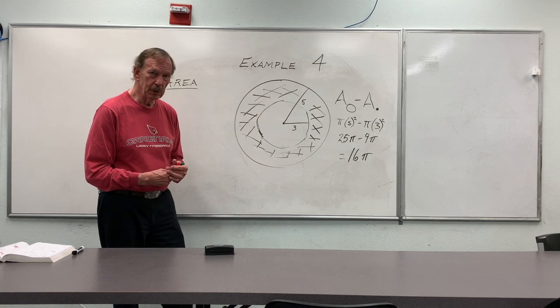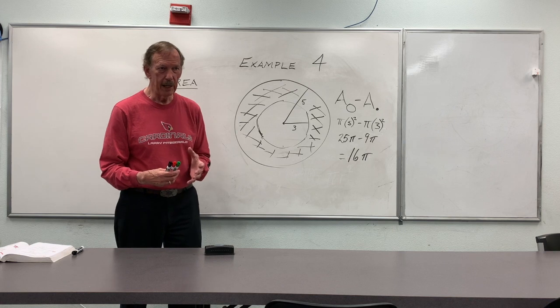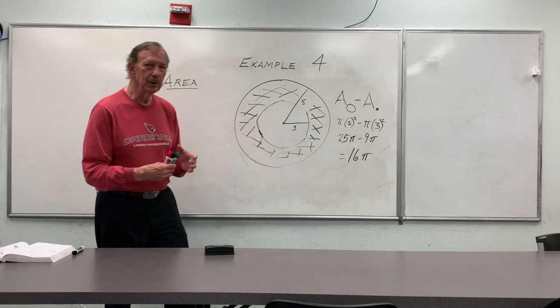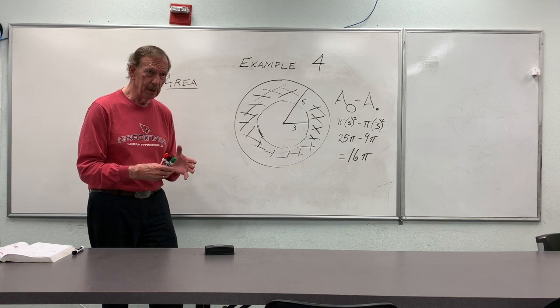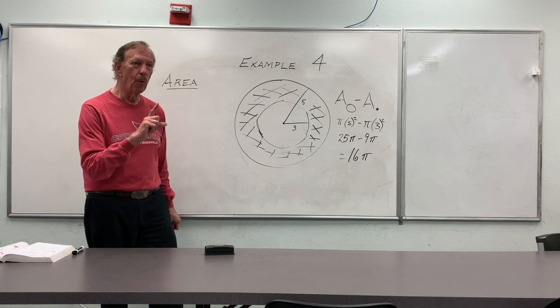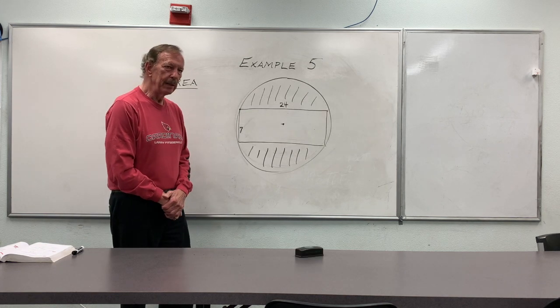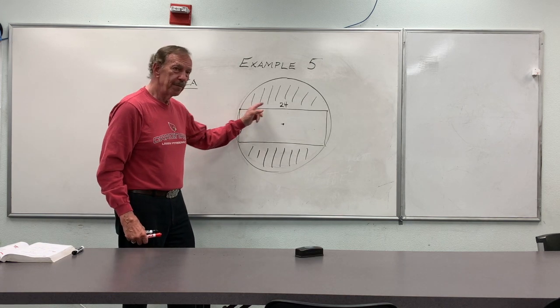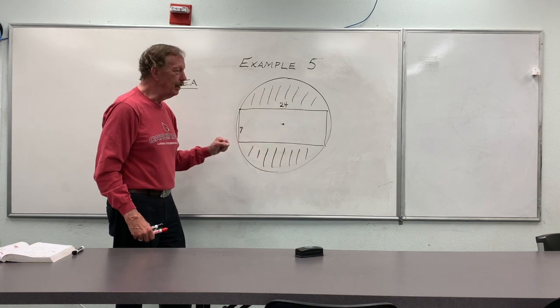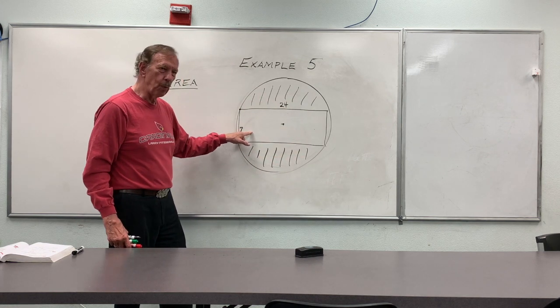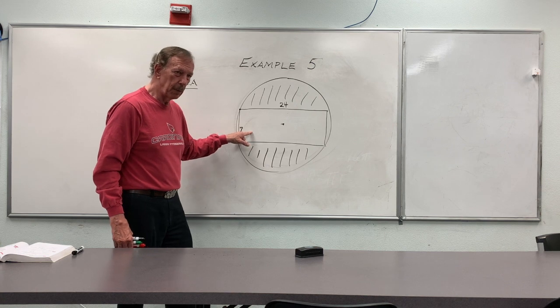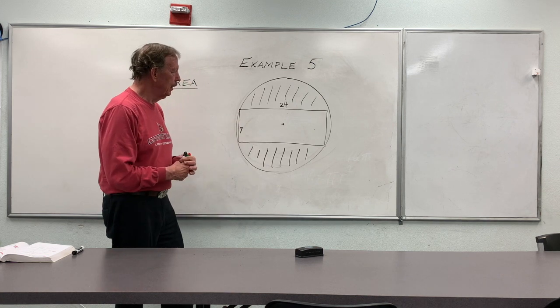Working with the area of circles and rectangles and triangles, we can do all kinds of different problems. Let's look at one more before. In example 5, we want to find the shaded area. And we're given this rectangle inscribed in the circle.